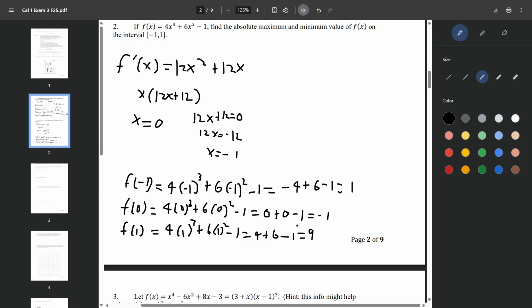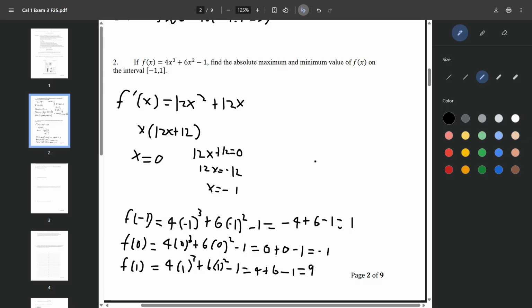So as we can see, our largest y value is at x equals 1, which is 9, and our smallest value is at x equals 0, which is -1.